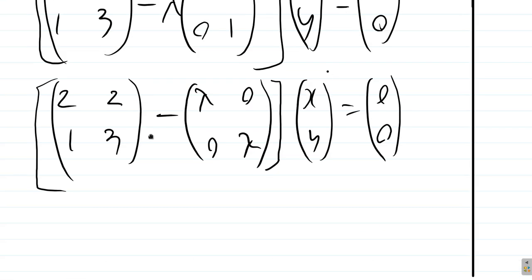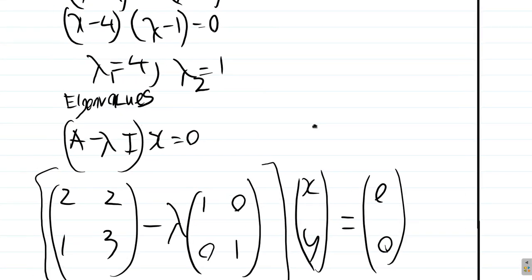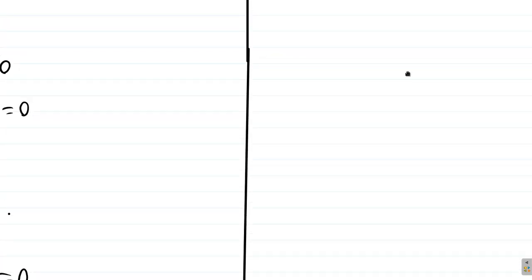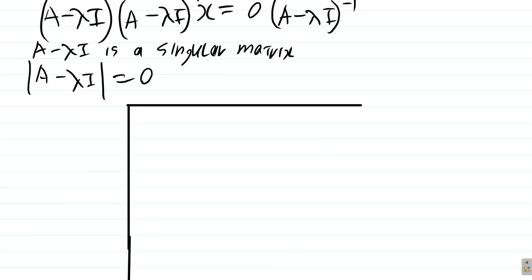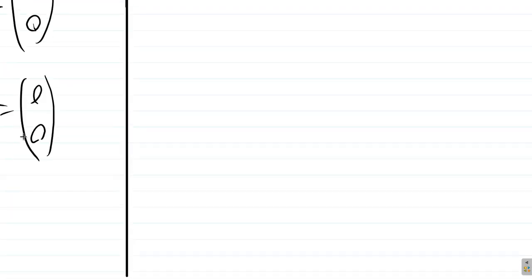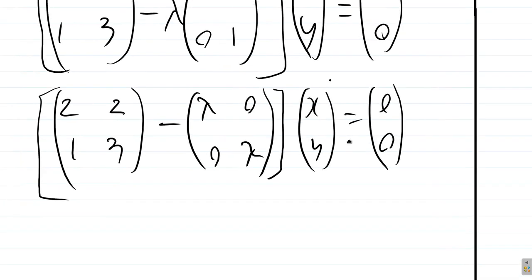Now, for lambda 1 equal 4, that means one of the eigenvalues that we got is 4. When that happens, we're going to substitute the value of that lambda here.